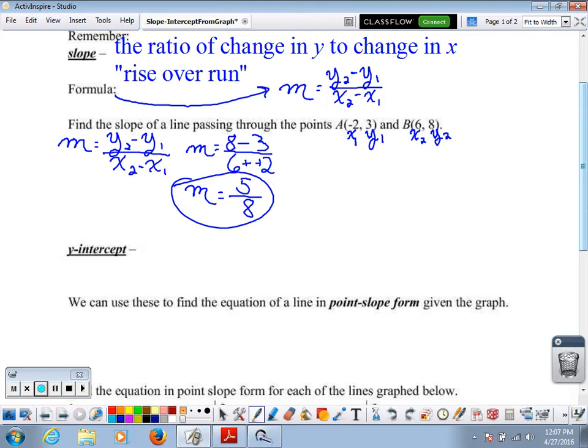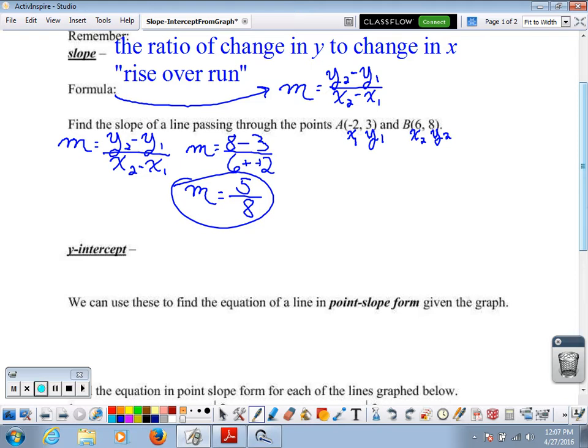Along those same lines, what's the y-axis? It's the vertical line in the middle of the graph. The y-axis and the x-axis come together at 0, 0.